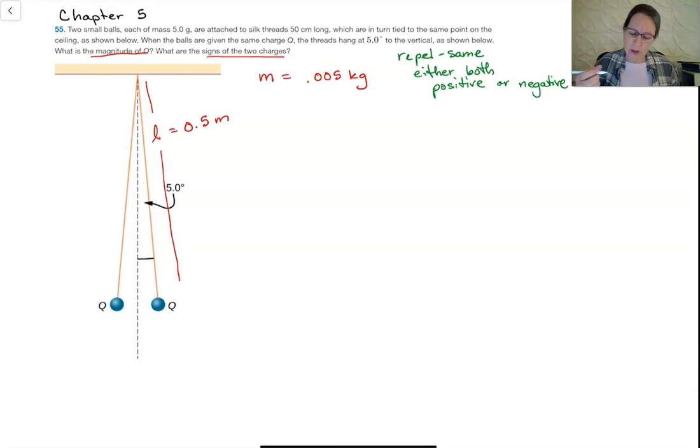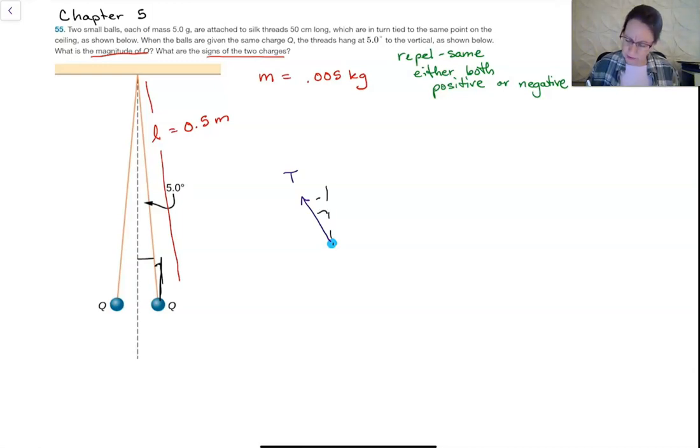Okay, so looking at this, then we can look at the forces. I'm going to draw a force diagram for this rightmost charge, so it looks like this. And we've got tension. I'm going to exaggerate this angle just a little bit. We have tension off in this direction. This angle right here is going to be the 5-degree angle.